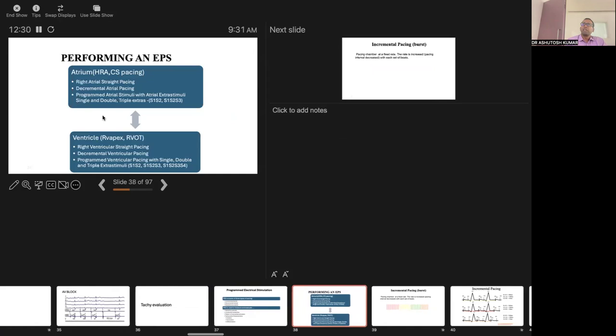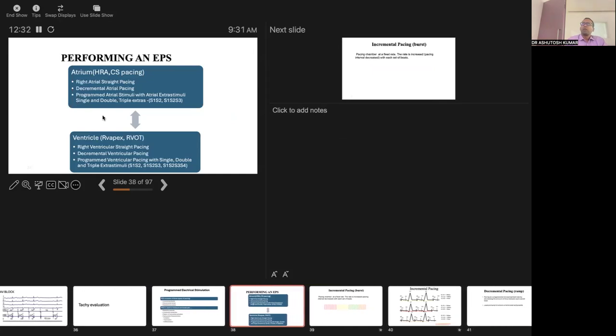So first is incremental. How we are going to do it is the performance of the EPS study, with HRA and CS, where we have to pace. We can pace from the atrium, and second, we can pace from the ventricle. These are the two places we are keeping catheters. Normally in our lab we put the ablation catheter in the ventricle, and one in the CS.